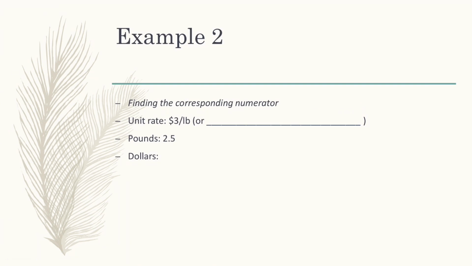So you might have seen like $3 a pound, or that's saying $3 for each 1 pound. Let's say I have 2.5 pounds and I want to find the amount of dollars. So I know that my initial unit rate in a fraction would be $3 per 1 pound.